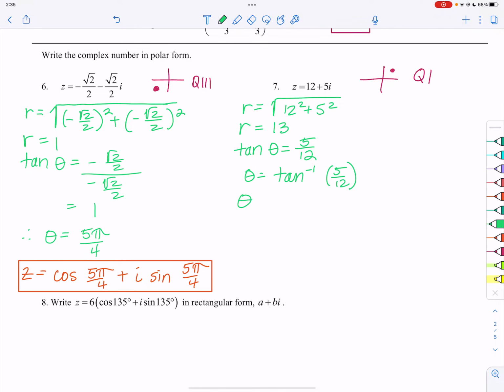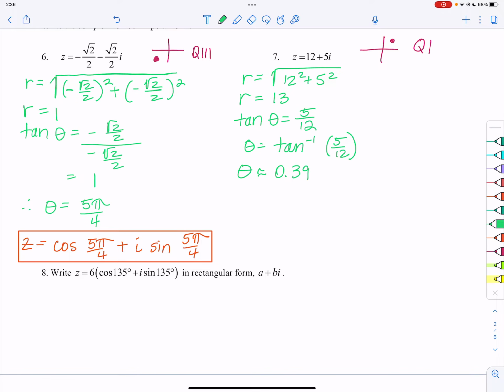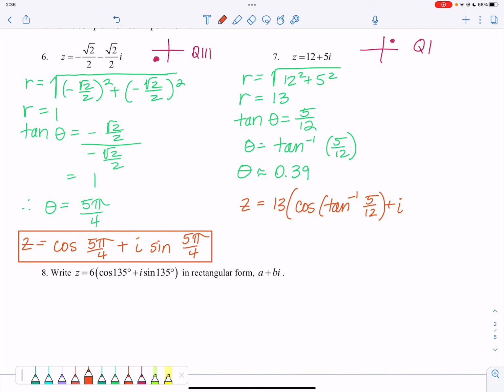And you'll come up with theta to be approximately 0.39. But we'll just use the inverse when we write that out, or the exact value when we write that out. We could write both. So we have z is equal to 13 cosine of the tangent inverse of 5/12 plus i sine of the tangent inverse of 5/12.